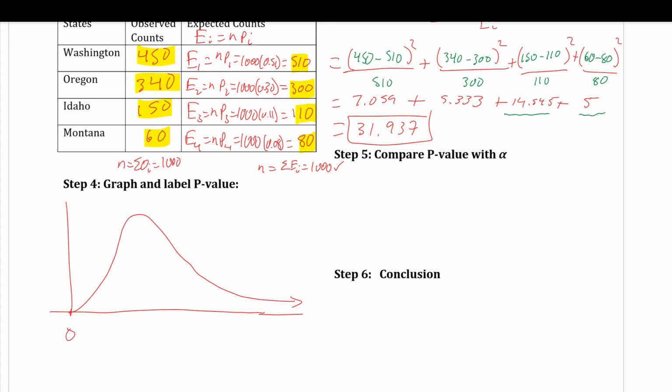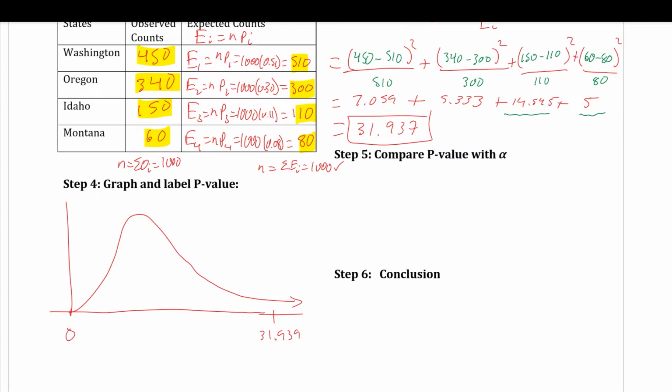This 31.937, it's hard to tell where it lies along this axis, but typically your degrees of freedom are close to the peak. Our degrees of freedom in this case was what? 4 minus 1, which is 3. So that 3 would probably be somewhere around here, roughly. So it means 31 would be way out here. I'm just going to erase that 3.